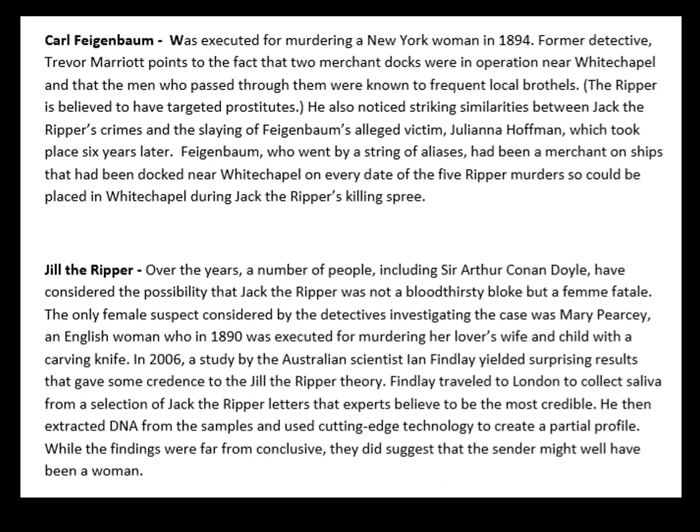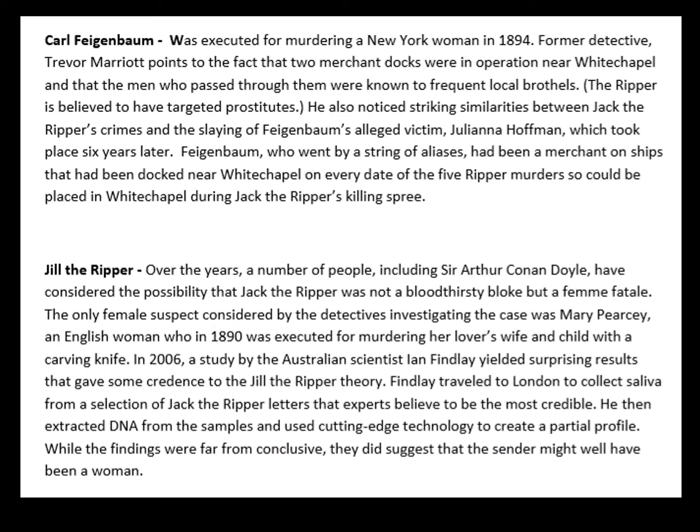Our last 2 suspects then, we've got a man called Carl Feigenbaum, who was executed for murdering a woman in New York in 1894, so well after the Ripper murders. A former detective, a man called Trevor Marriott, points to the fact that there were 2 merchant docks near Whitechapel where sailors could come in, and that the sailors coming through were known to go to local brothels, and it is believed that the Ripper targeted these prostitutes and women that worked in these places.